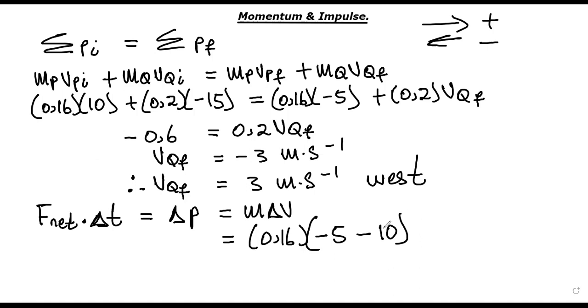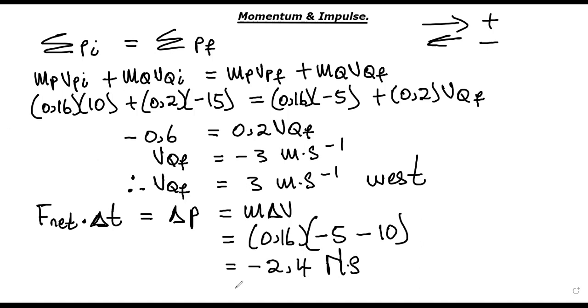So if you say 0.16 times -5 minus 10, you just get -2.4. Now the question is, what is the unit for impulse? It's okay if you say kilograms meters per second, which is the unit for momentum, but the official unit for impulse is Newton second. So it's always nice if you give it its unit, Newton second.